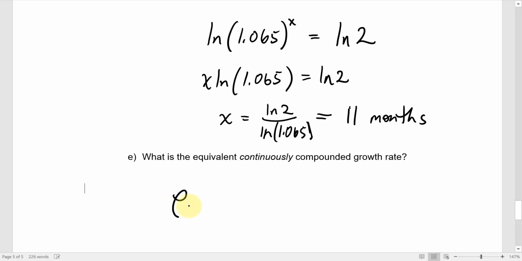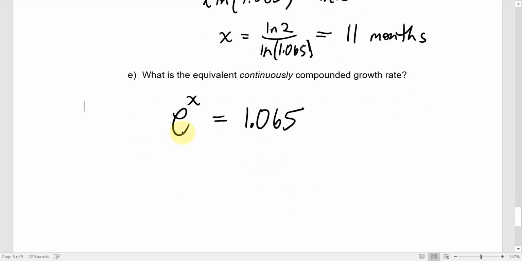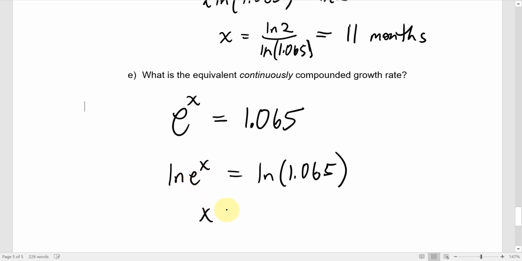So answering that, continuous compounding uses this base e. I'm trying to figure out what power for a base e gives me that same growth of 6.5%. So here, definitely want to do ln because it's already a base e. So you can do ln e to the x is ln 1.065. Here, the ln of e to the x, this is just x.